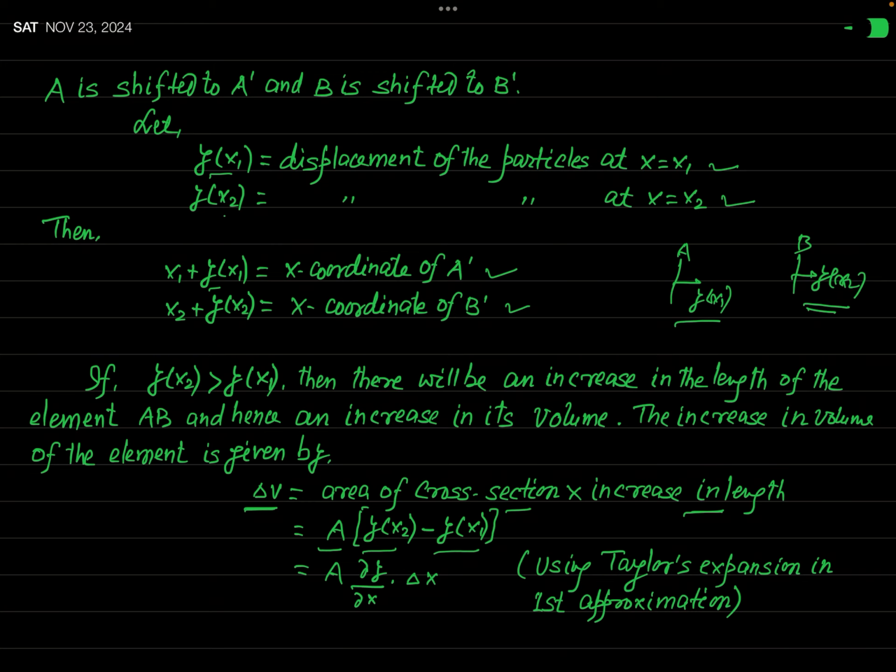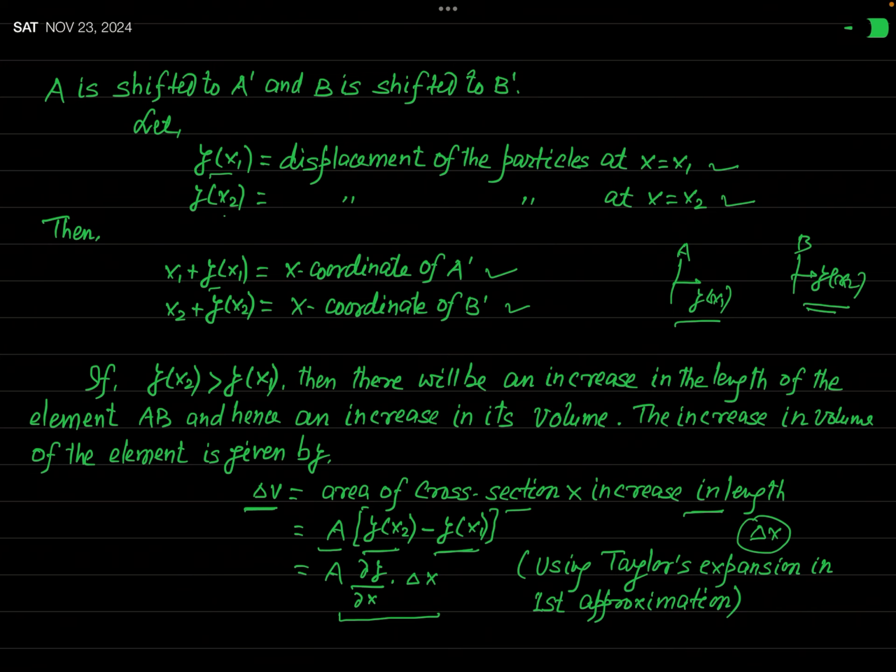And you have seen that when we assume that delta x is very small, tending towards 0, in this limiting condition y of x2 minus y of x1 is simply equal to del y by del x times delta x. I have written it here directly, but for proof you may watch my previous videos.